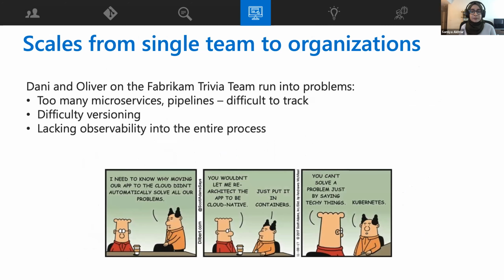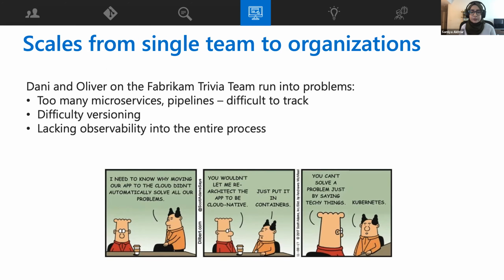But now their developers, Danny and Oliver, run into some new problems. They're finding that multiple microservices pushing into the same cluster can also become complex. For example, they're finding that there are too many CI/CD pipelines and tracking is difficult. Each microservice has a pipeline for the CI build and another for their CD build, already resulting in 2n pipelines in their system.